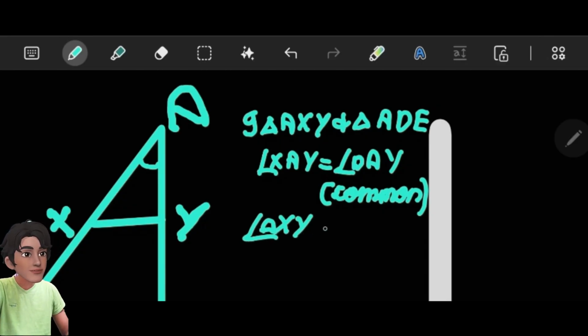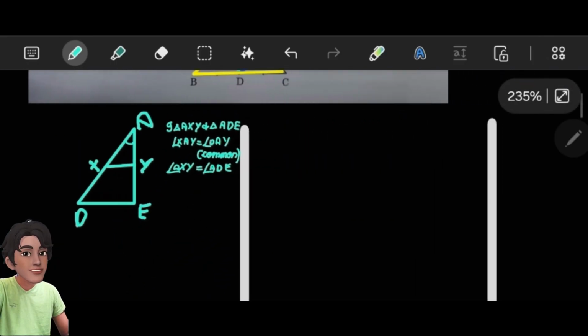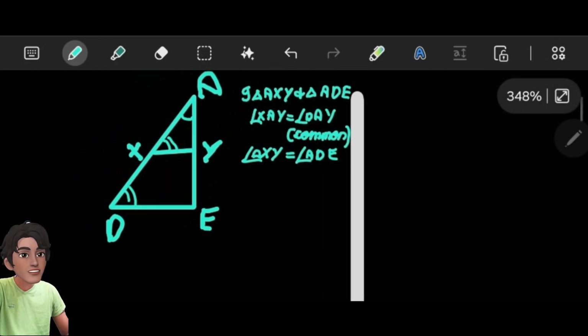Now, another angle is angle AXY is equal to angle ADE, as XY is parallel to DE and AD is a transversal. Therefore, corresponding angles are equal. I'm talking about these two angles which I'm marking right here.